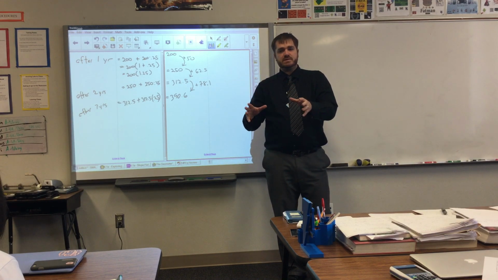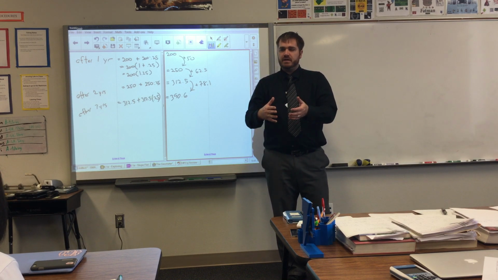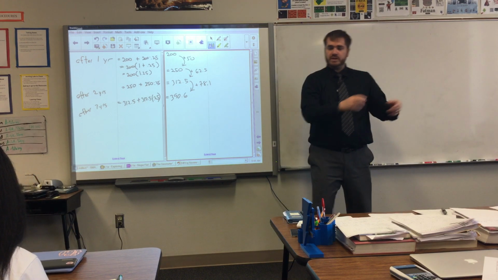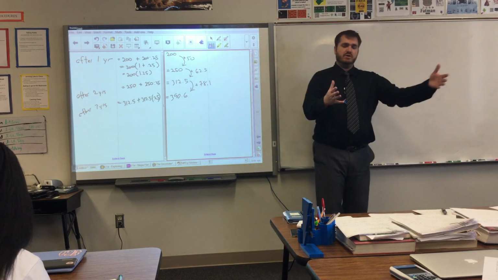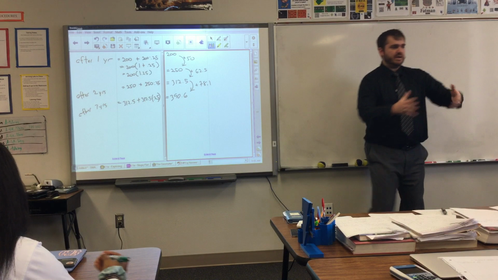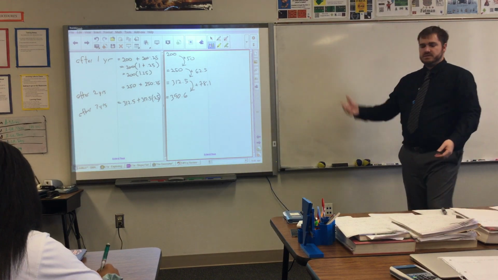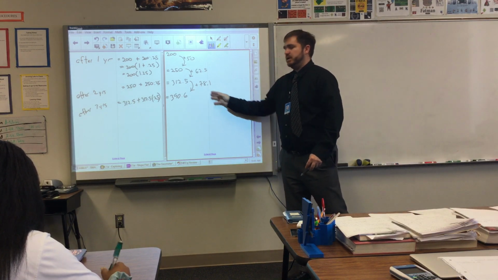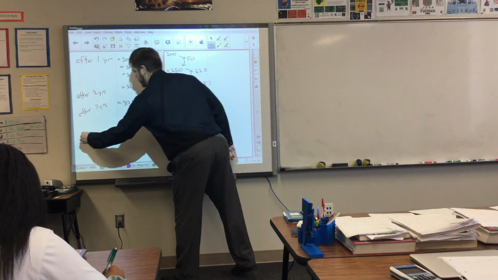But what's really cool is that if you're able to lock in that 25%, then 25% of whatever you have at the beginning of that second year is going to be more than 25% of what you had at the beginning of the first year. So you're going to be adding more, but the amount that you're adding more is growing. Does that make sense? If we continue on this just one or two more times, every year we're going to be getting over 100 and then over 200 more. So let's just do maybe one or two more.